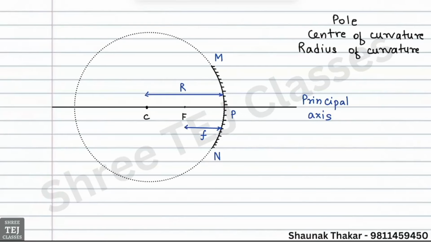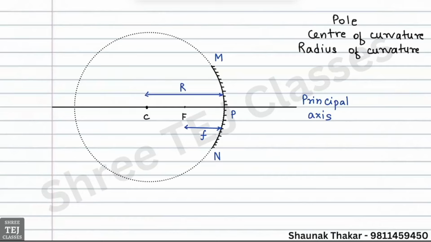The straight line passing through the pole and the center of curvature of the mirror is called the principal axis. It is a line passing through the center of curvature, denoted by C, and the pole of the mirror, denoted by P.